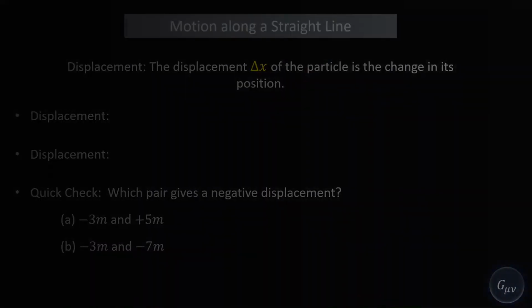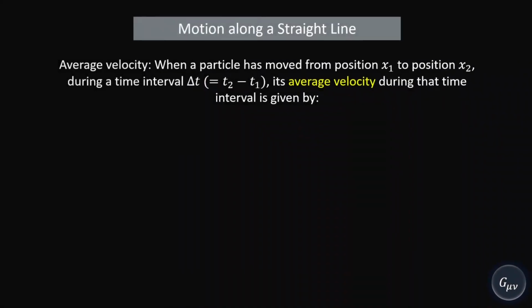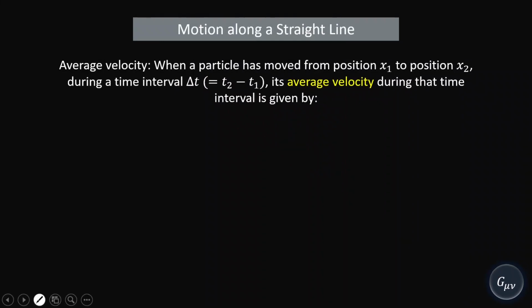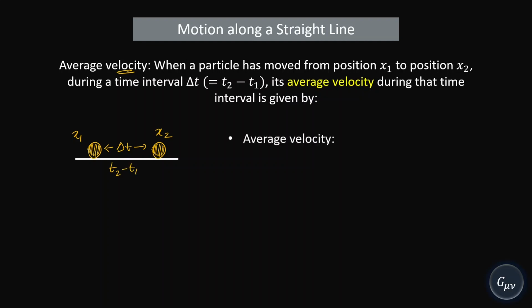The next big idea we encounter in this chapter is that of average velocity. So when a particle has moved from a position x1 to another position x2 during a time interval delta t, which is t2 minus t1, its average velocity during that time interval is given by V average, V_avg.